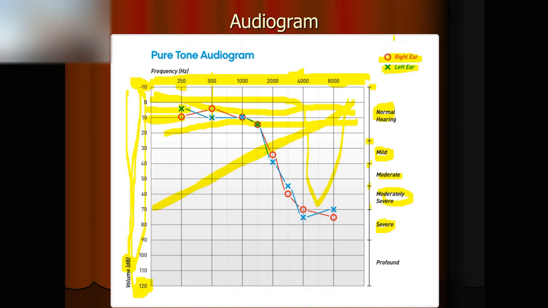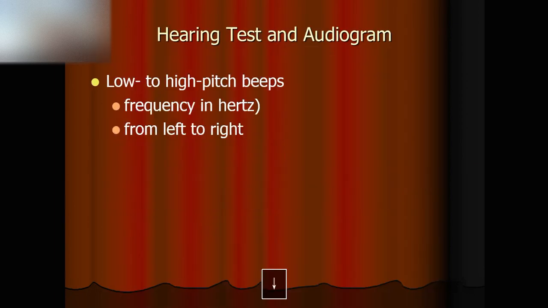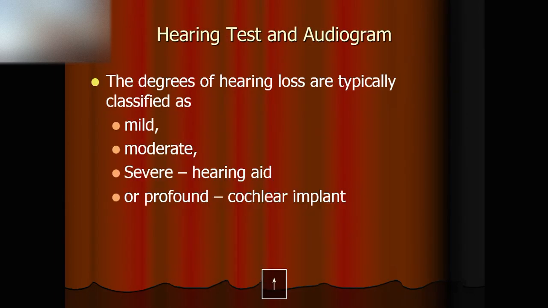Okay, what can we do if we have moderate to severe hearing loss? If that unfortunately happens, we can use a hearing aid to compensate our sensitivity to sound so that we can hear other people's conversation more clearly, especially in noisy environment.